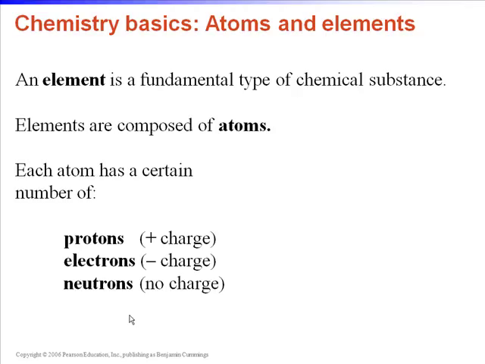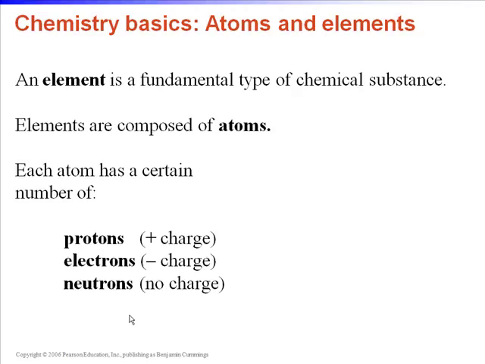Let's talk about atoms and elements a little further. As we said, an element is a fundamental type of chemical substance, and they're composed of atoms. Each atom has a specific number of protons, and protons have a positive charge. Electrons have a negative charge, and neutrons are neutral and have no charge.